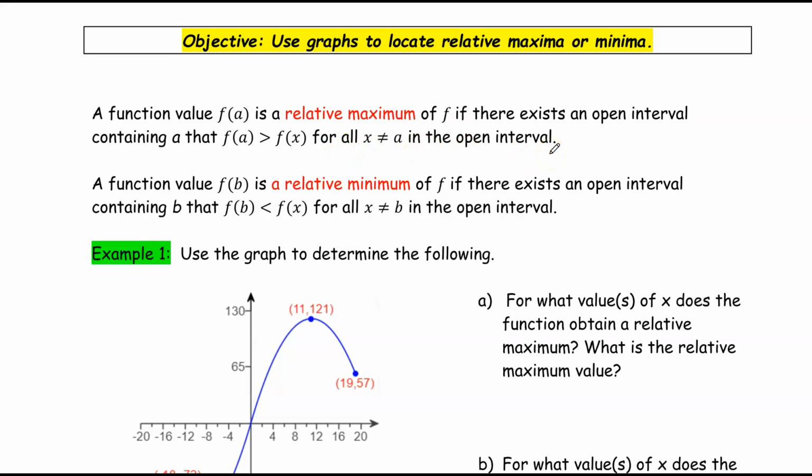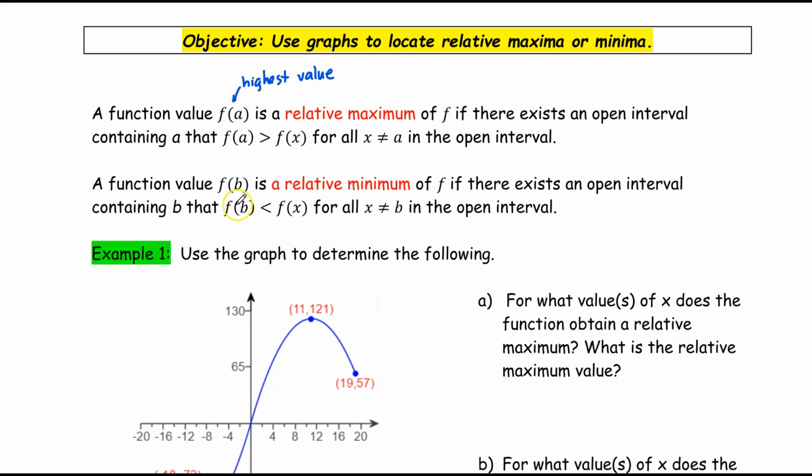That means that this f of a here is a relative maximum if there is an interval for which f of a is the highest value. So f of a is the highest value on an open interval.